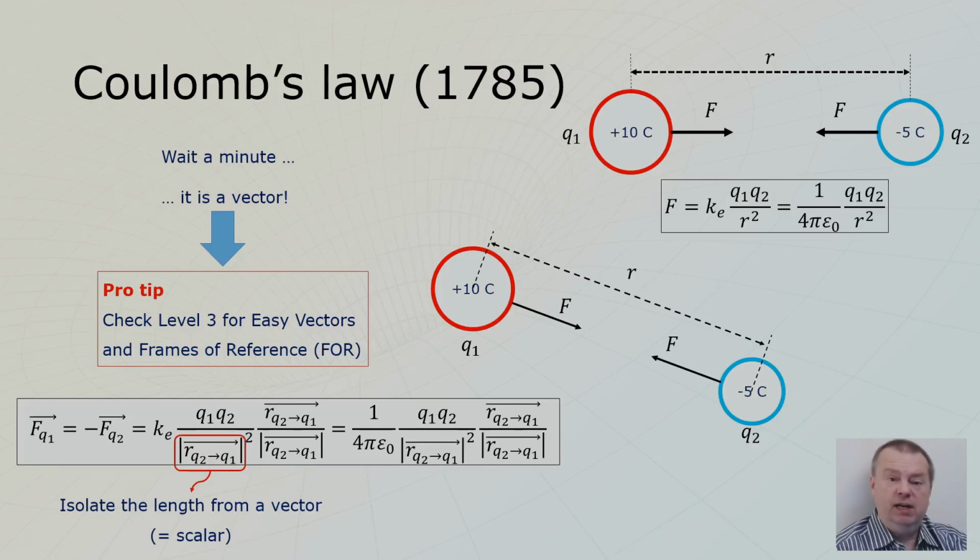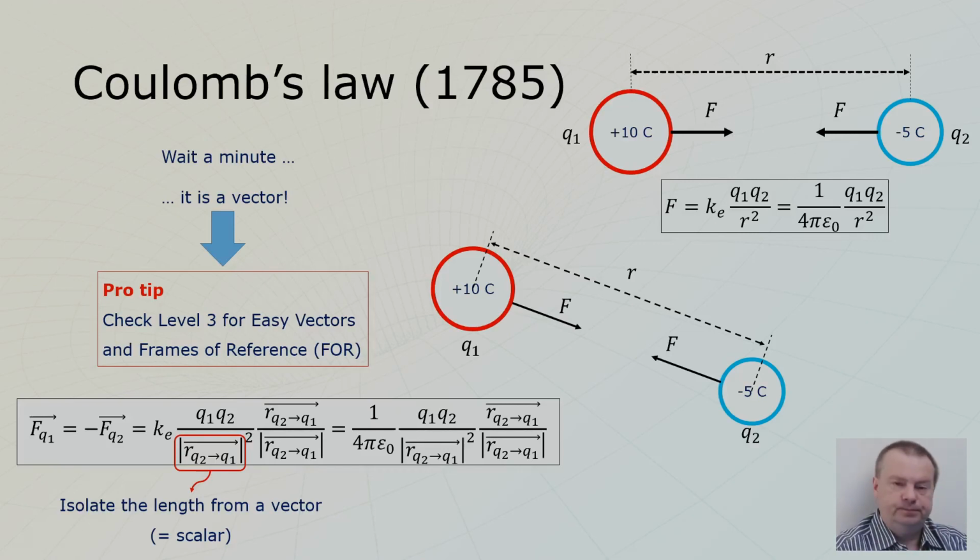Well, we need direction. We now know the length of the vector that we want, namely k times Q1 Q2 divided by r squared. But now we need to direct the force. So, well, we can look at the vector r that goes from Q2 to Q1. That's a vector. You can draw an arrow from the middle of Q2 to the middle of Q1.